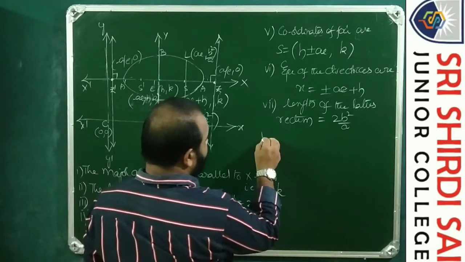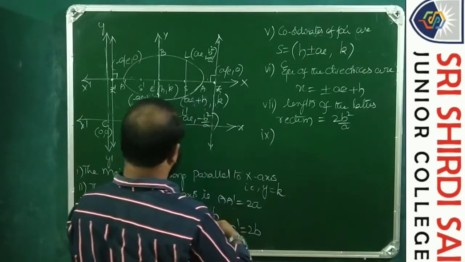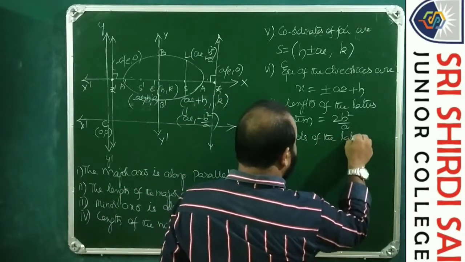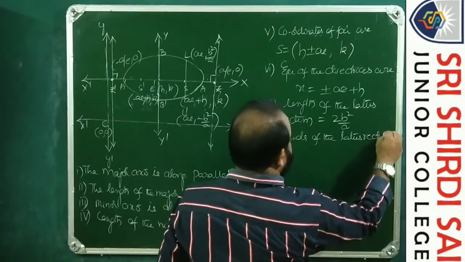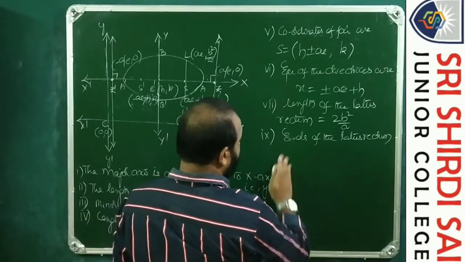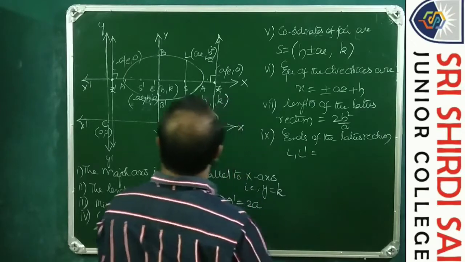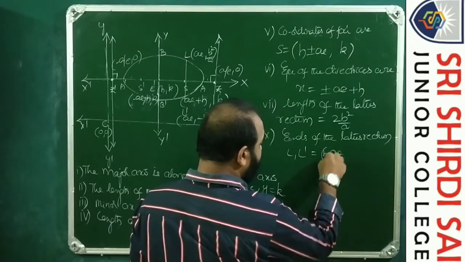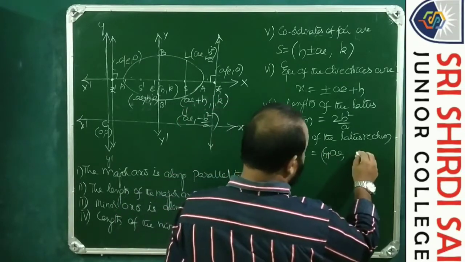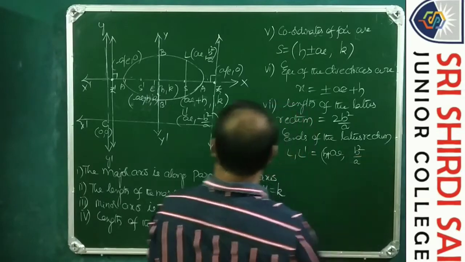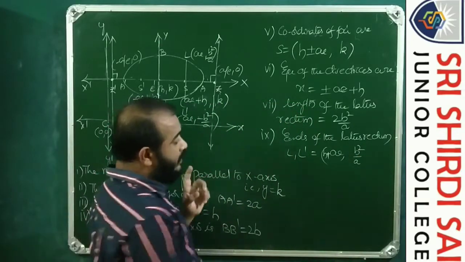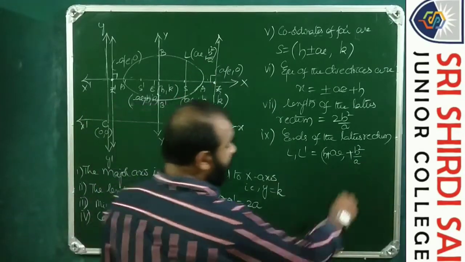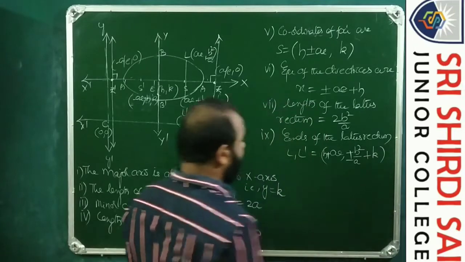So these are the ends of the latus rectum. Ends of the latus rectum, L comma L dash, are (ae plus h, b square by a plus k) and (ae plus h, minus b square by a plus k). So h is added to ae, and k is added additionally.